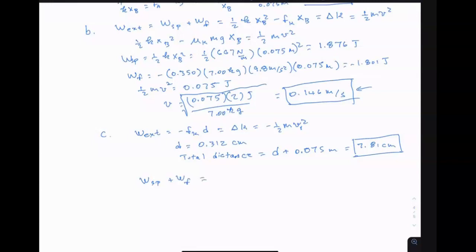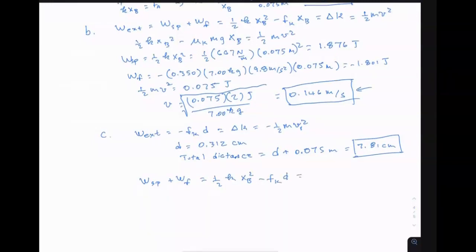This is the work done by the spring, which is 1/2 K XB squared, plus the work done by the friction, which is minus F sub K times the total distance. And that's equal to the change in kinetic energy, which is 0.